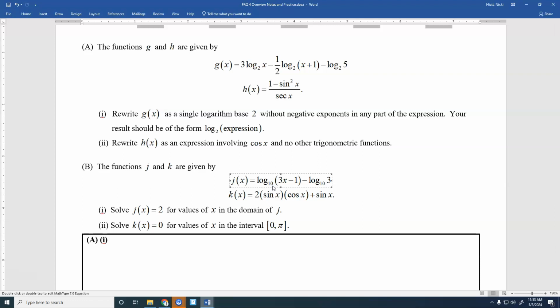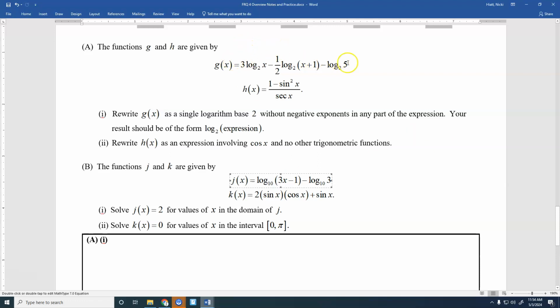I don't know if that's because maybe there are some countries or textbooks that don't just use a regular log for that. But best I can tell, they don't use the common log with no base at all. For log base 10, they are putting a 10 every time. So I think you'll still be okay if you just write log of 3x plus 1 or 3x minus 1, but to be on the safe side, I would just use the base of 10 right there.